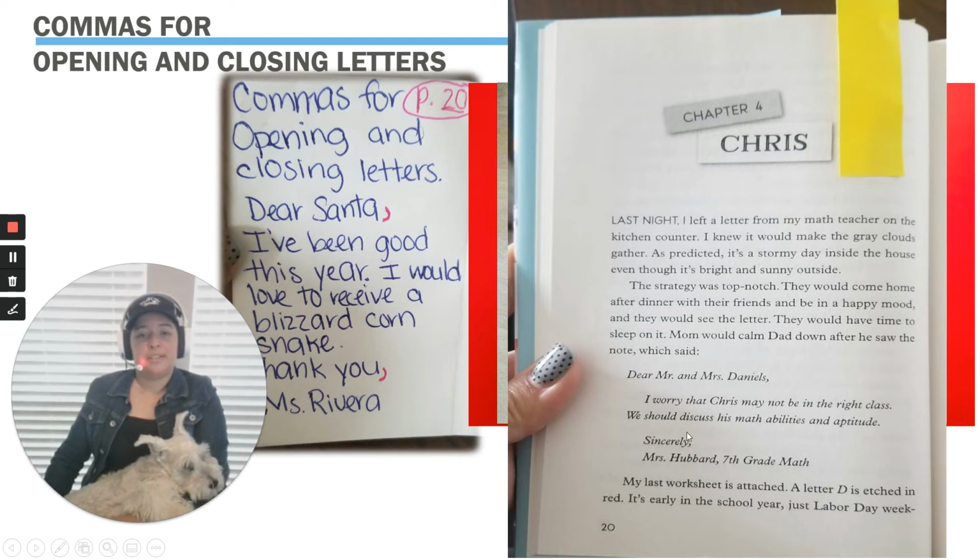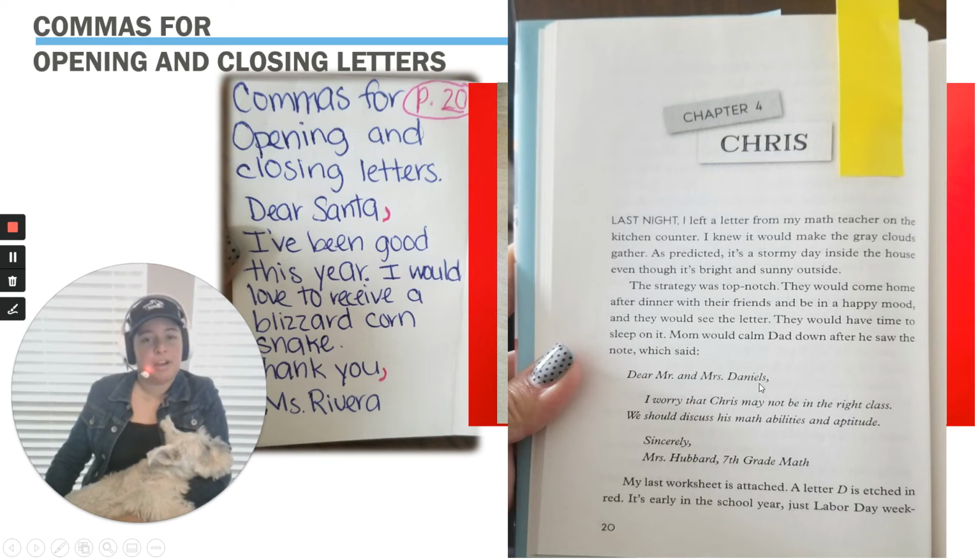We should discuss his math abilities and aptitude. Sincerely, Mrs. Hubbard, 7th grade math. Notice that the opening of this letter includes the names of the two people that this letter is going to, and that you have a comma to separate that greeting from the body paragraph. Also, at the closing, you have sincerely and a comma for the closing.